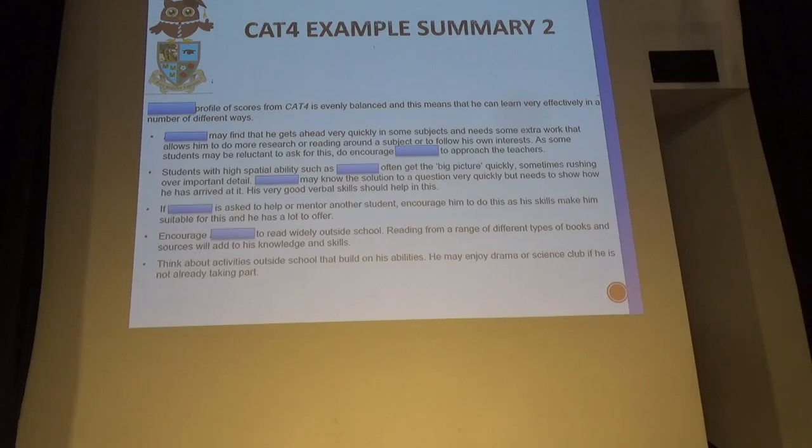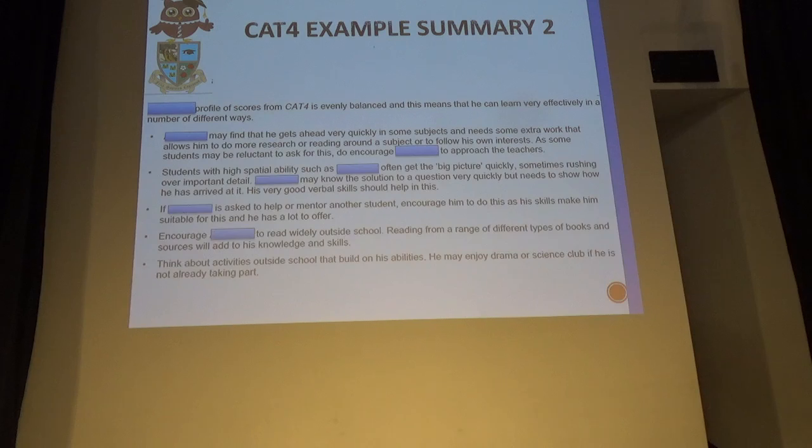If the child has a high ability in some areas, it might highlight that they might finish activities quickly. Hopefully they shouldn't, because we differentiate, but if they do, they should make sure that they tell a teacher and make them aware.